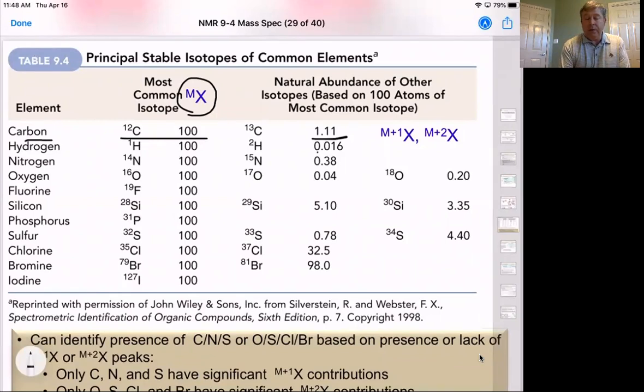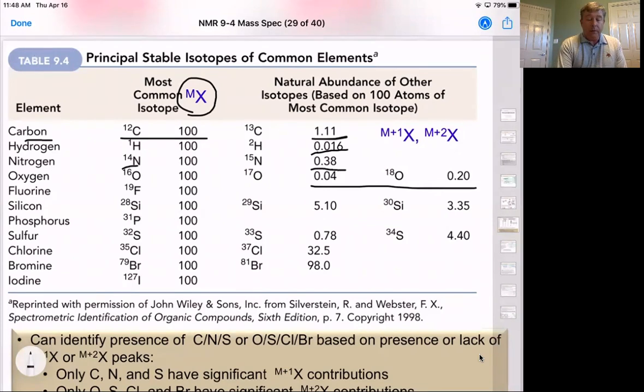Hydrogen, the deuterium is very, very low percentage, so we rarely see that in mass spectrometry. Nitrogen has a little bit higher concentration of that isotope, which we don't see very much. Oxygen also has a couple isotopes, which we can occasionally see in a concentrated system.